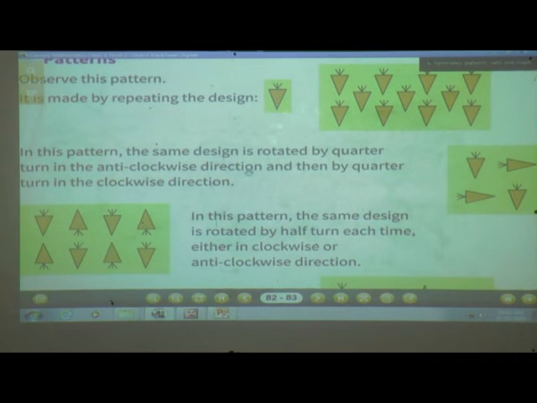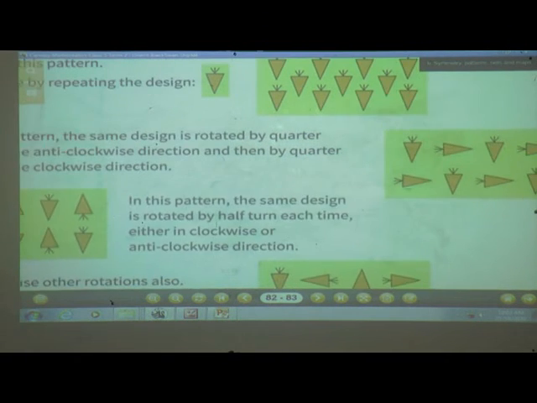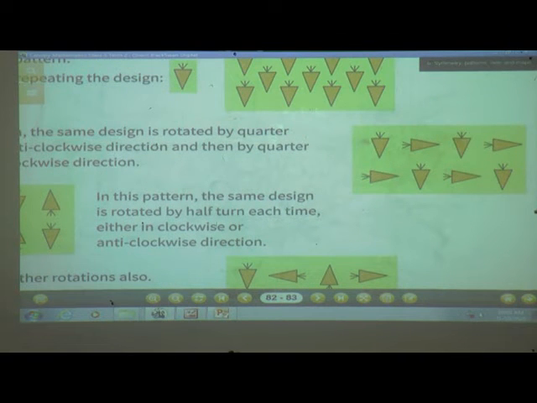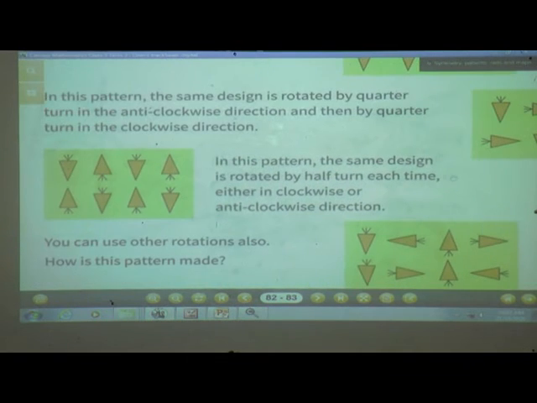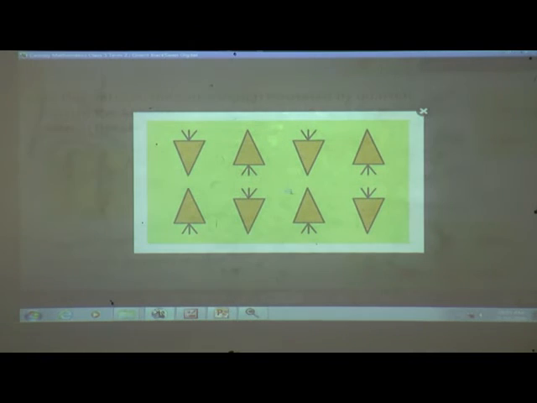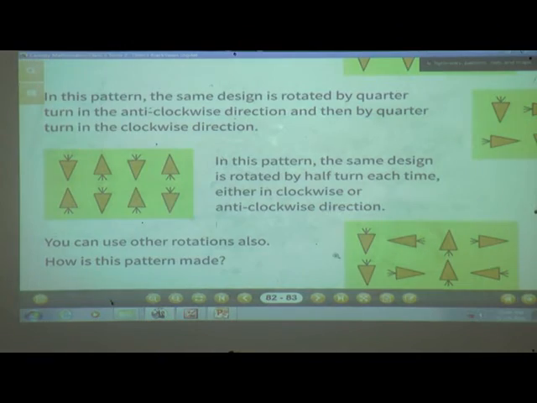In this pattern, the same design is rotated by a quarter turn in the anti-clockwise direction, and then by a quarter turn in the clockwise direction. You can see clockwise direction and anti-clockwise direction. Now in this pattern, the same design is rotated by a half turn each time, either in anti-clockwise direction or in clockwise direction. Now you can use the other rotations also.